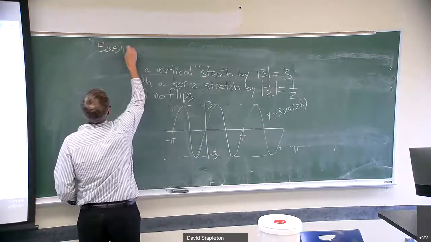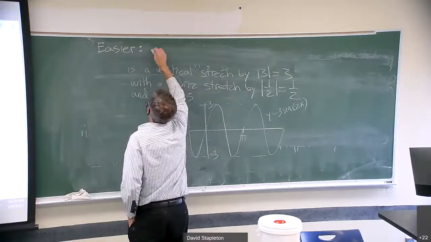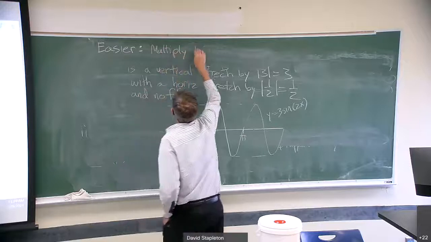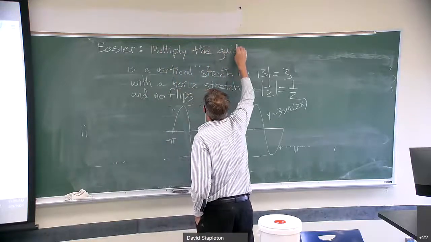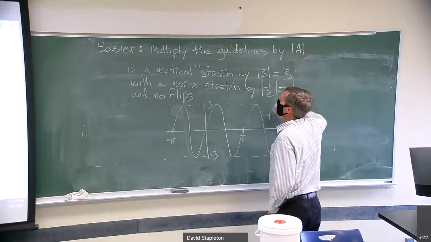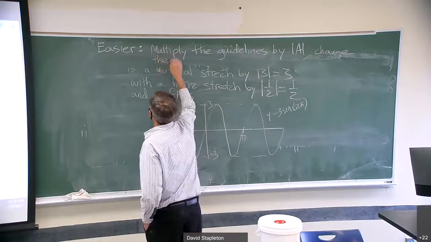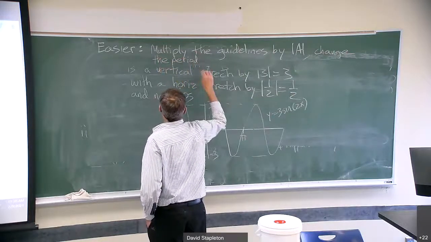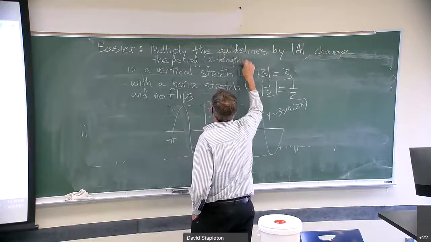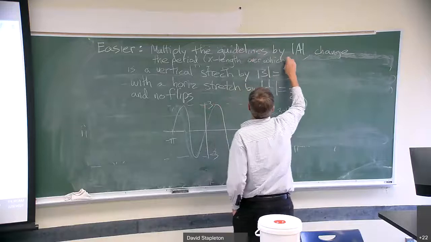That's the reason. But easier to memorize and implement is to multiply the guidelines by the absolute value of A to accommodate the stretch, and change the period, the x length over which this repeats.